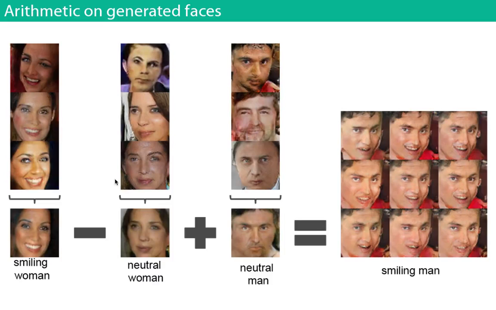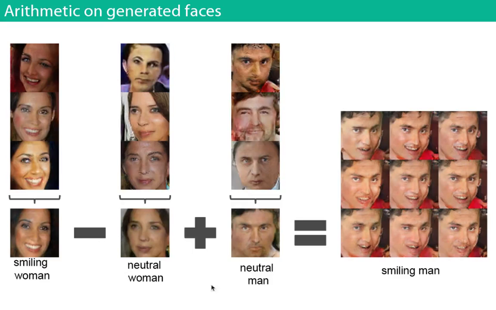And you could do arithmetic on them too. It's a generative space, so you can add those vectors together. If you have a bunch of pictures of a smiling woman, you can take the generative vector which produces neutral woman, subtract that, and then add neutral man. Then it will produce a smiling man, right?